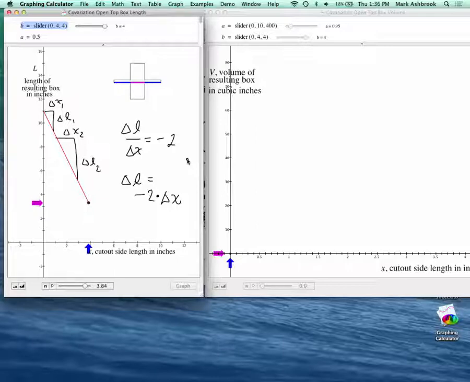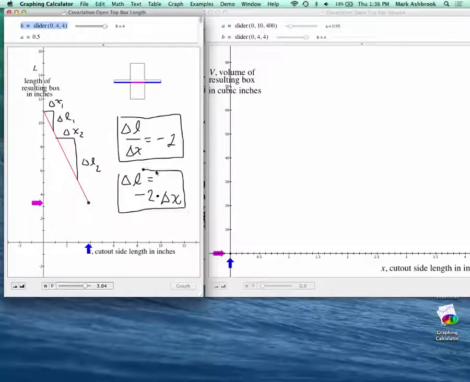What was a third way that we could reason that this was constant rate of change? Nathan? We have to do the ratio. Got the ratio. It's constant. So for every change in L, there's a consistent change in x.